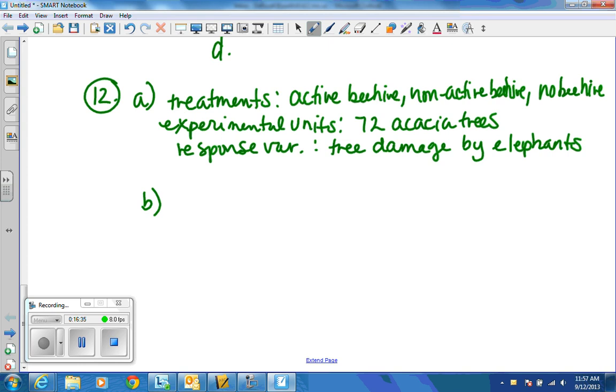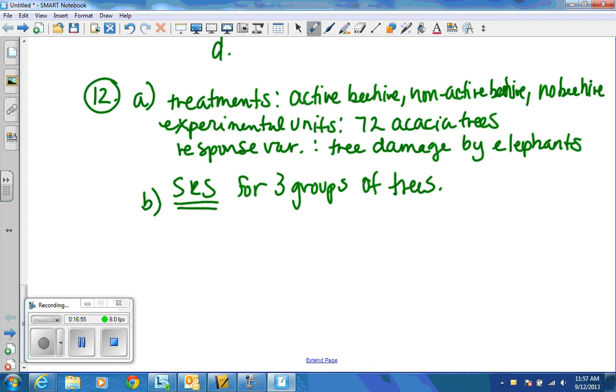If all you do is tell me, oh, I'm going to do an SRS for 3 groups of trees, that is not enough. You need to explain how you are getting your SRS.